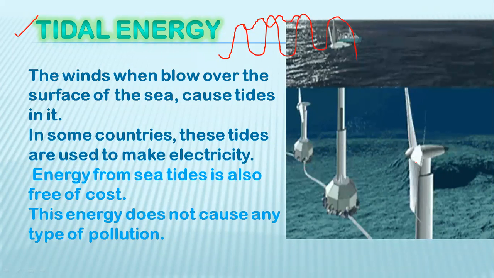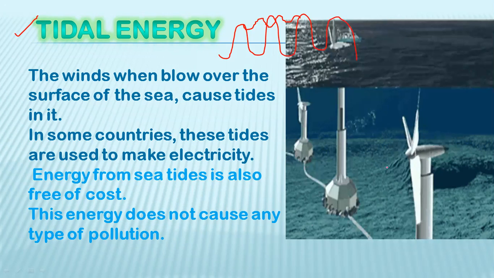So under the sea, there are these mills. These are a little bit like windmills, like these are water mills, you can say. They are implanted under the sea, and when the tides move and come to these wings, or these mills, they rotate and move turbines.